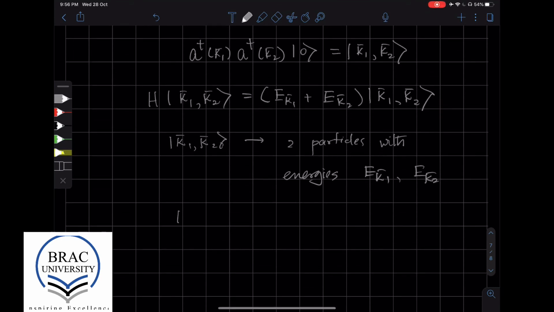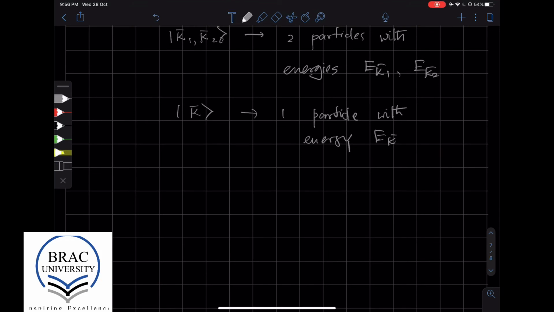And of course, it follows that this would be a state with one particle with energy E of k. Of course, we can have as many particles as we want. So for example, we can have a state with n particles of arbitrary 3-momentum.